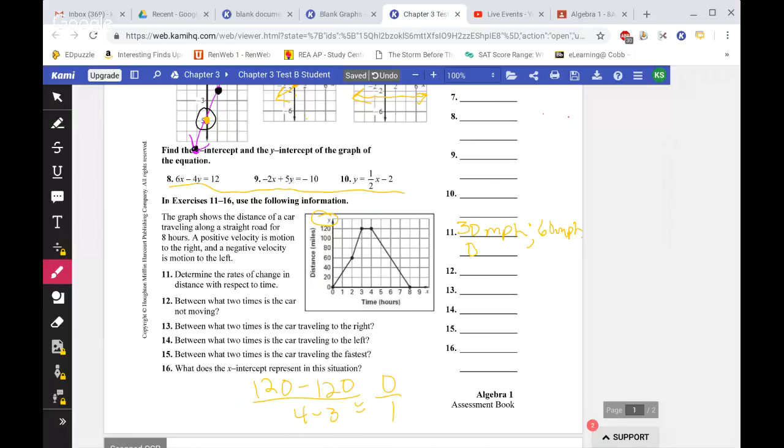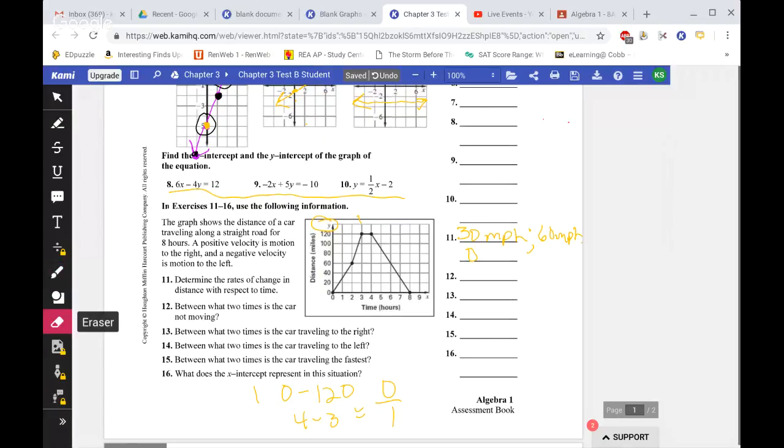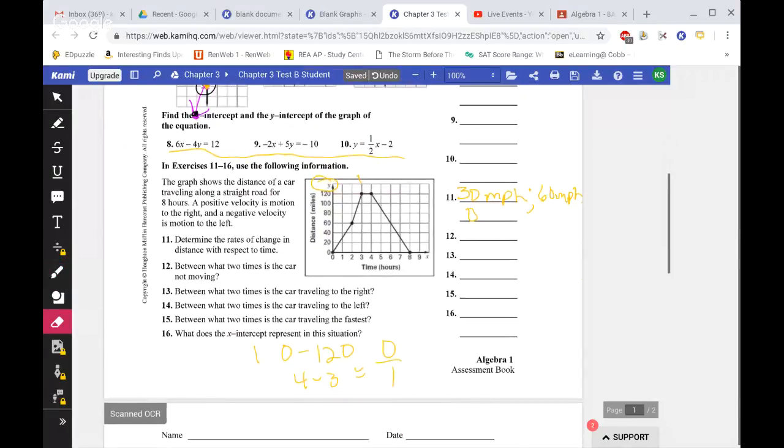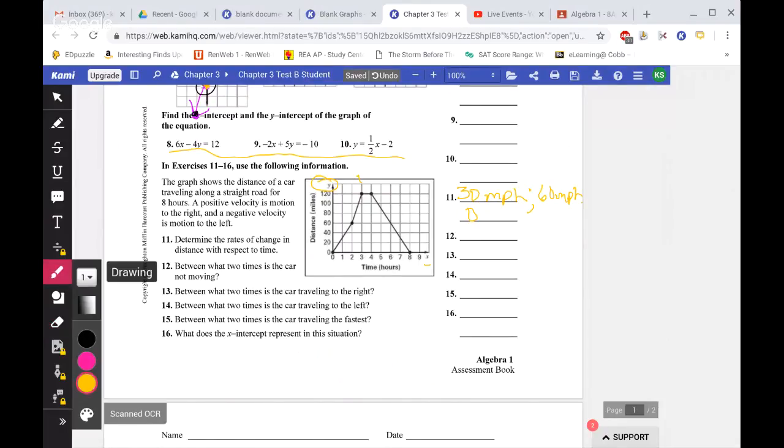But the key is that you're always keeping your y1 and your x1 consistent. So if we're like this one right here, let's go back and just read them as ordered pairs first, because I think that will help Sophia a little bit. This is still an x and y table, because this is x and this is y.